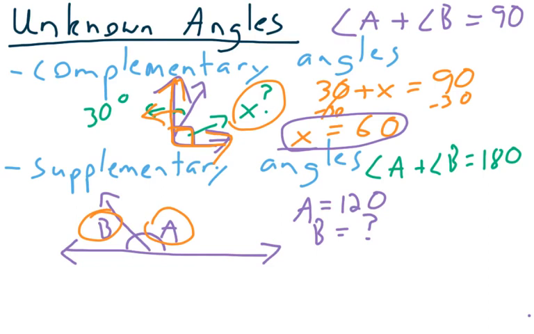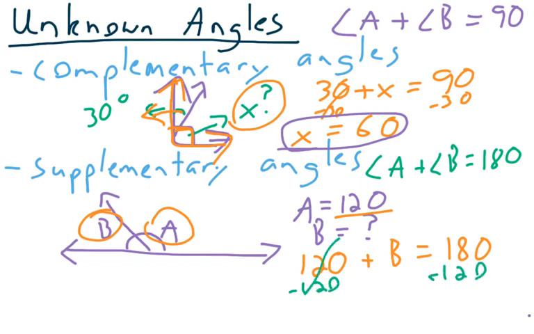Now I know that angle A is 120, but I need to figure out what angle B is. So 120 plus B equals 180. I want to get B by itself, so I'm going to do the opposite of adding 120 and subtract 120 on both sides. 180 minus 120 is 60, so angle B is 60 degrees.